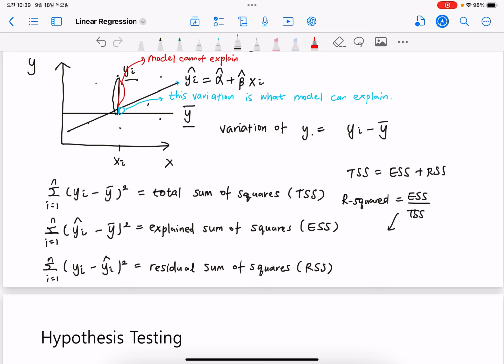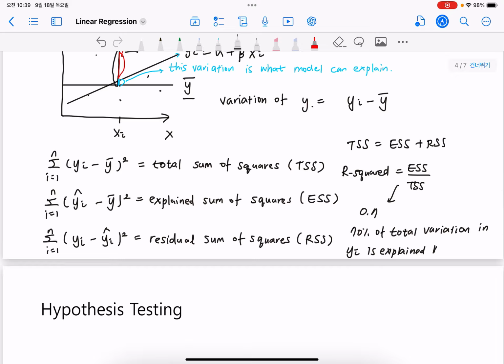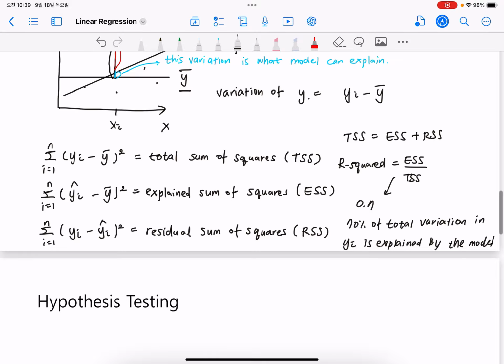So for example, if this is 0.7, that means that 70% of the total variation in yi is explained by the model, right? So that is essentially the meaning of R squared, the important metric for the goodness of fit.